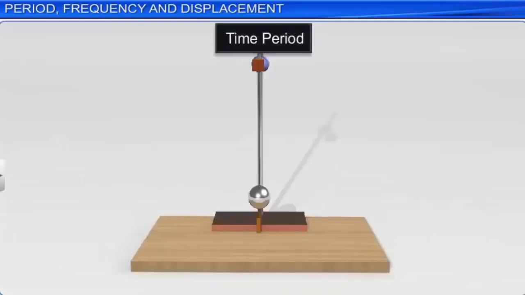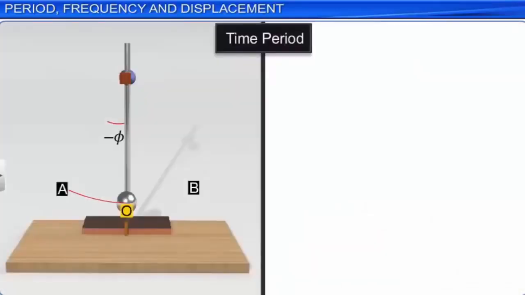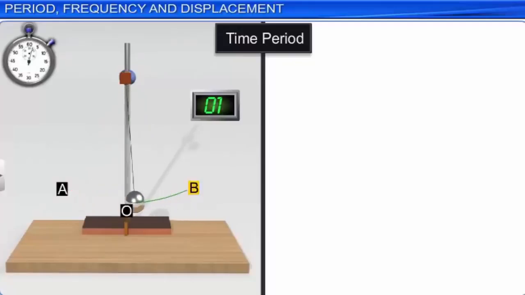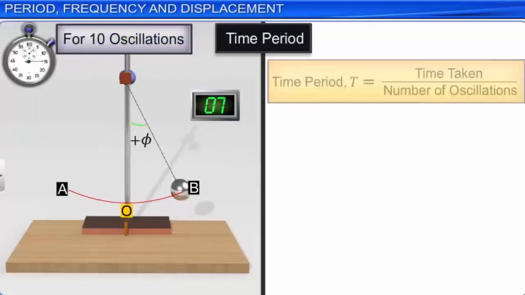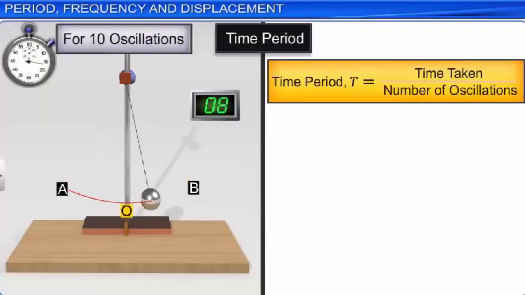Consider the example of a simple pendulum that exhibits periodic motion. Now, allow the pendulum to oscillate freely and note the time taken, say, for 10 oscillations. Here, time period t will be equal to the total time taken for the given number of oscillations divided by the number of oscillations.